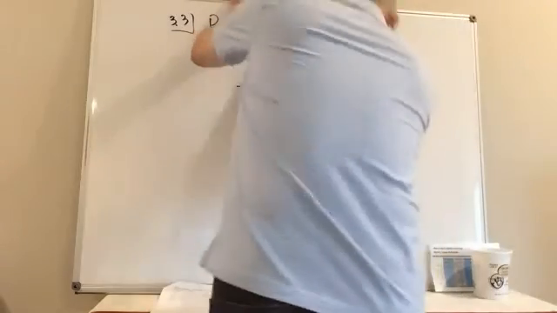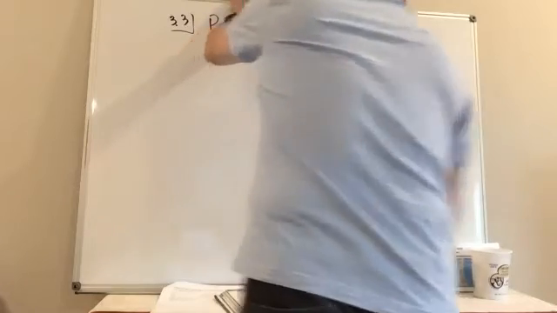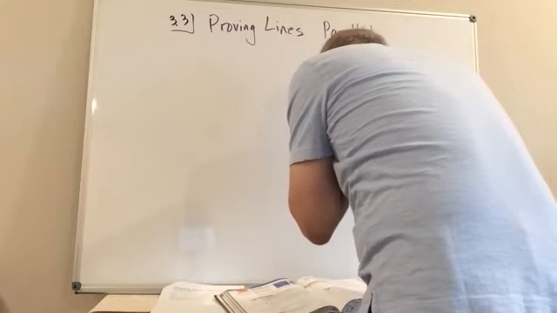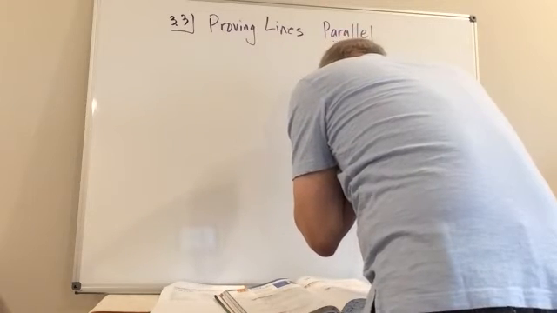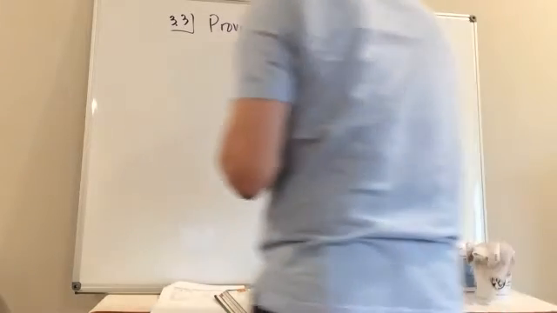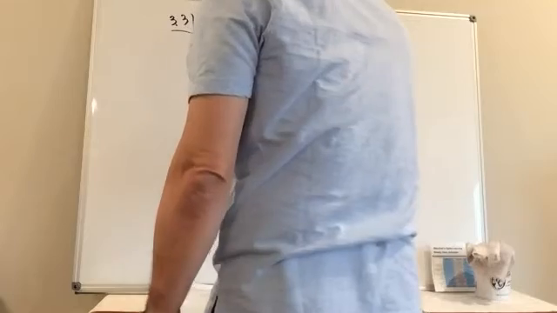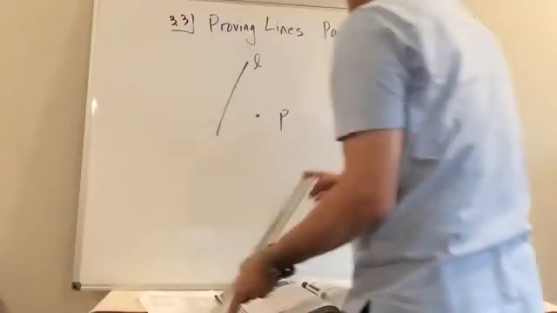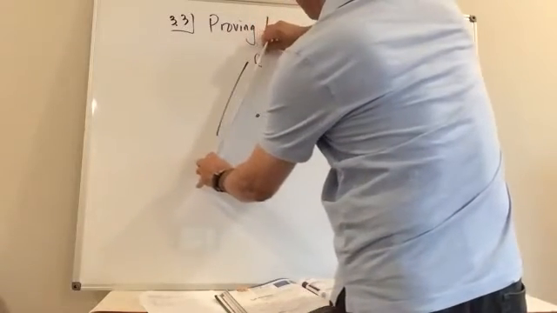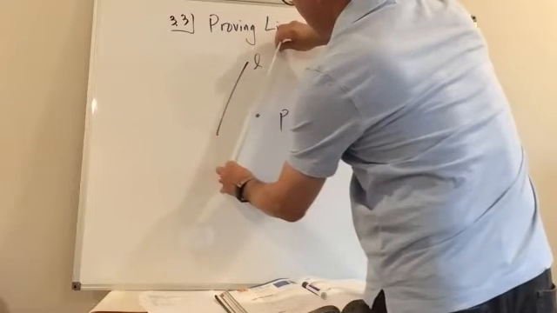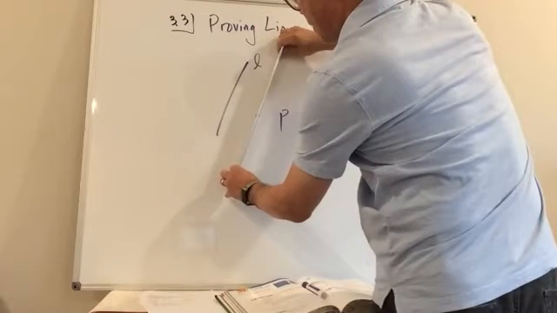Okay, let's go up to page 163. On the top, there is a parallel postulate: through a point P not on line L, there is exactly one line parallel to line L. So if I have a line L and I have a point P, of all the parallel lines associated with line L that I can draw, there's only one that goes through point P, right?